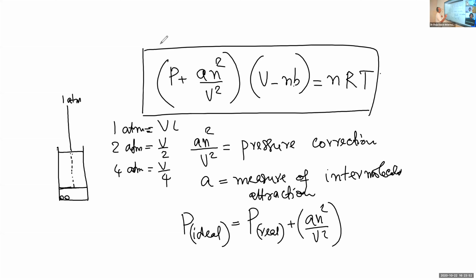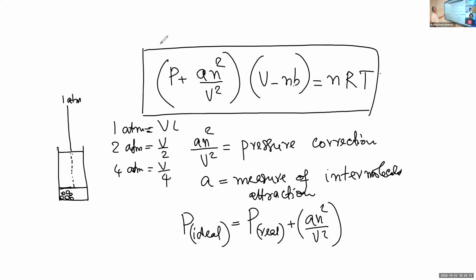Suppose the gas molecules are spherical in shape. Then at a very high pressure, the volume is very low.